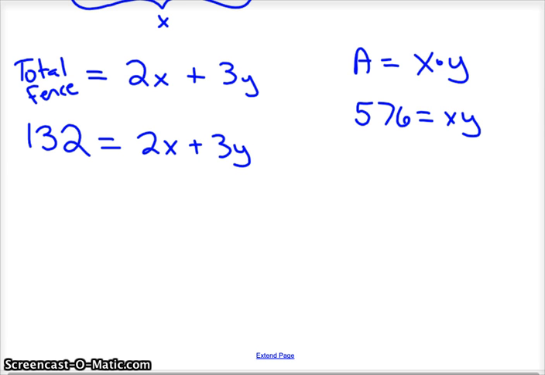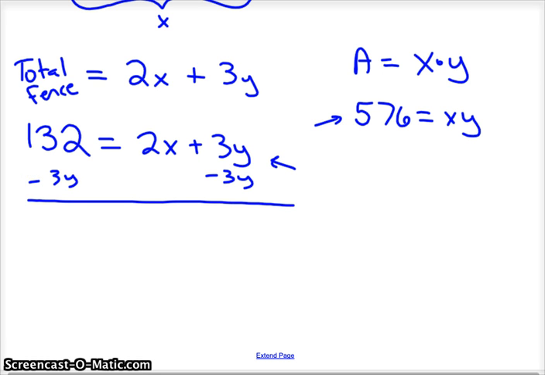If you want to challenge yourself, come up with a rational equation and solve for X or Y in that one. But we're going to stick to more simple things and solve this equation for X. The first thing I would do is subtract 3Y from both sides, and so you'd have 132 minus 3Y equals 2X.